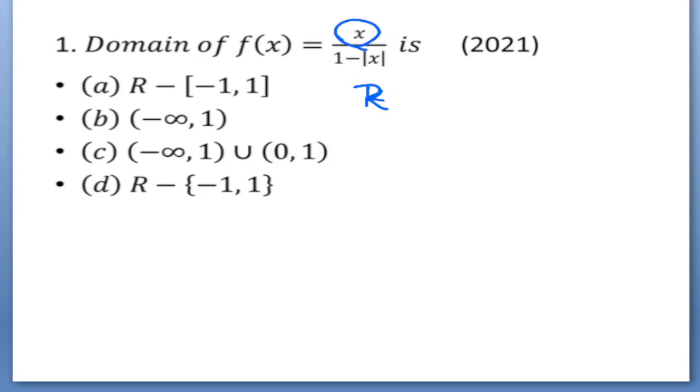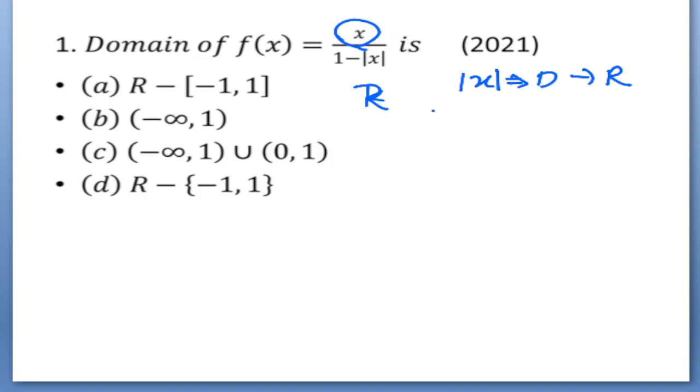Similarly in the denominator we have 1 minus modulus of x. So for modulus of x, the domain is again set of all real numbers. If you add, subtract, divide anything, any real number to this modulus function, the domain will never change.